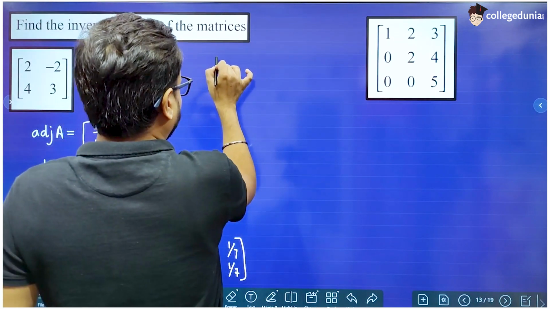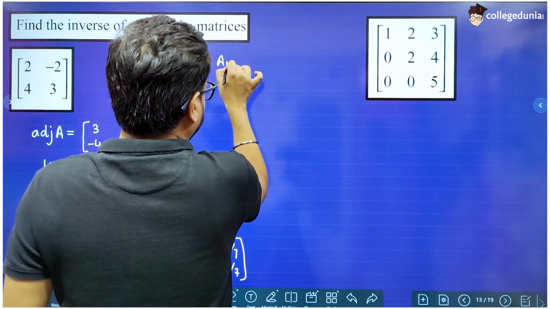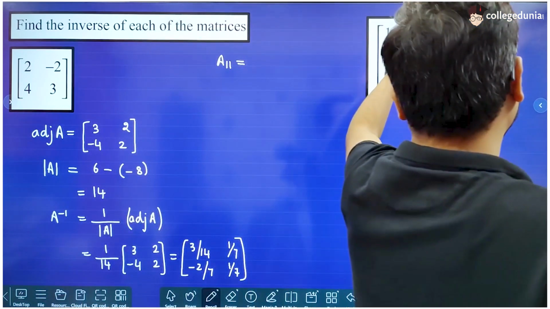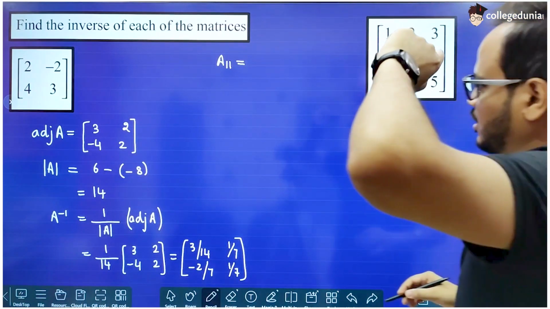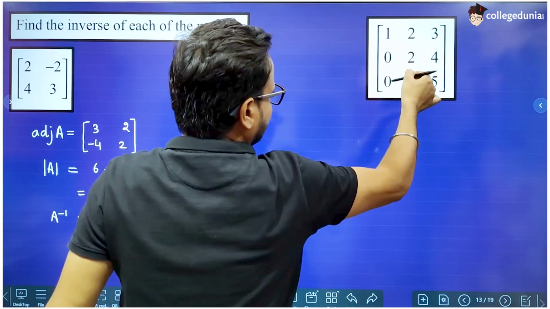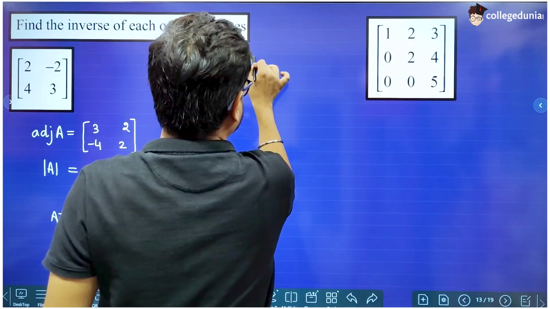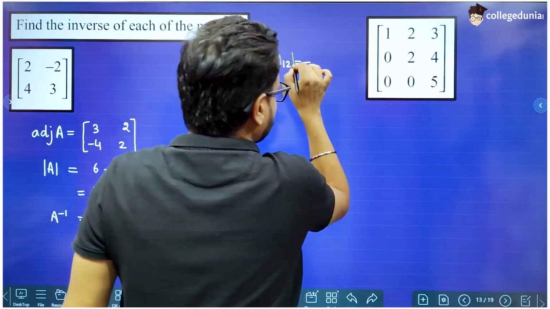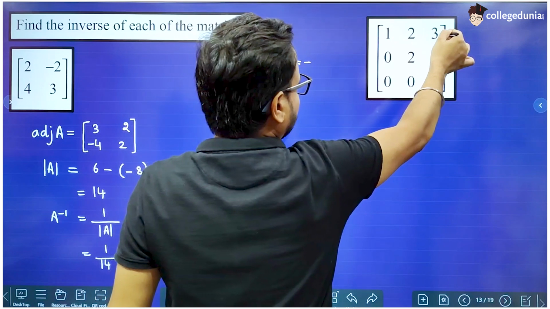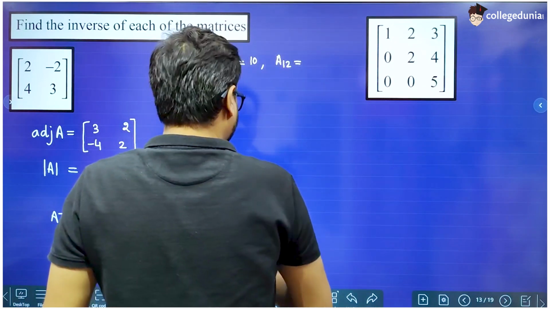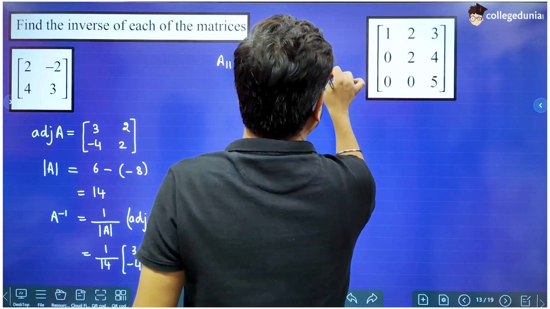So for that we have to find the adjoint, and for that we have to find the cofactors. A11 is, this is positive, this is negative, this is positive, right? Let's do it directly. So A11 is positive, leave this and this, 2 into 5, that is 10. A12 negative, leave this and this, 0. Negative 0 is also 0.